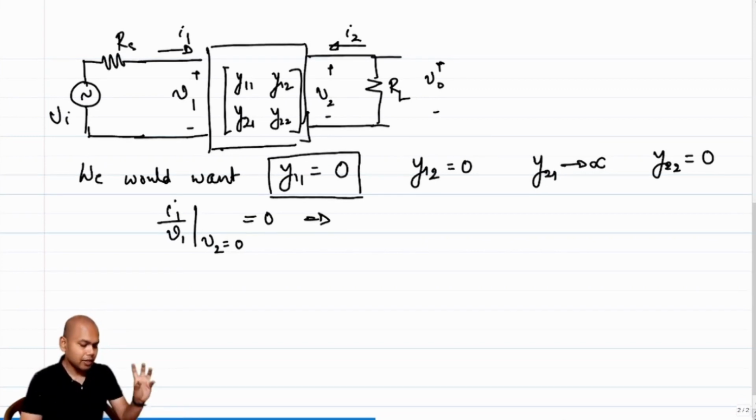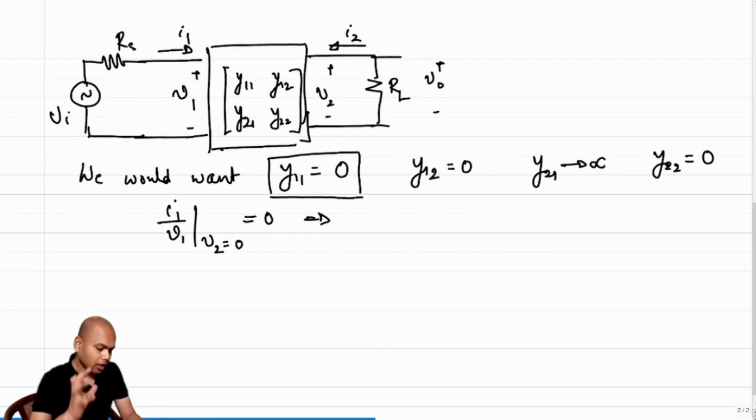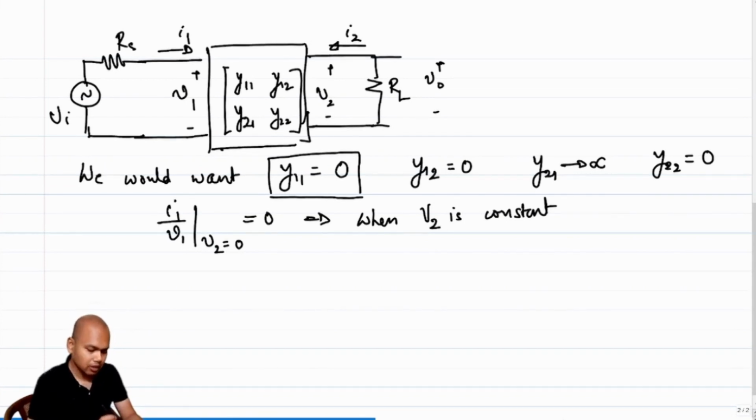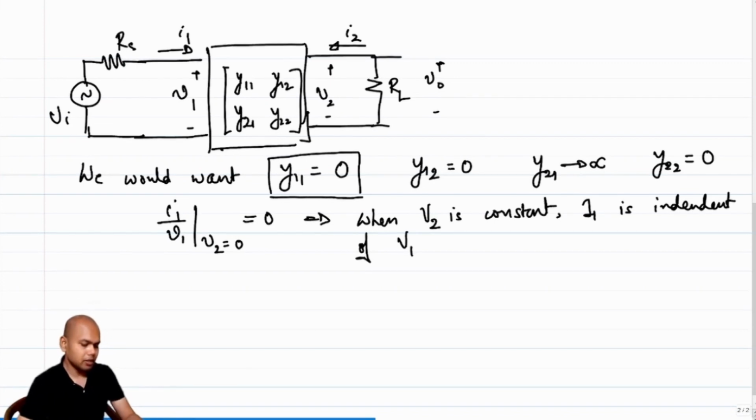It implies that in plain English, when the voltage across port 2 is held constant, when V2 is constant, I1 is independent of V1, right? That's what it means, right?